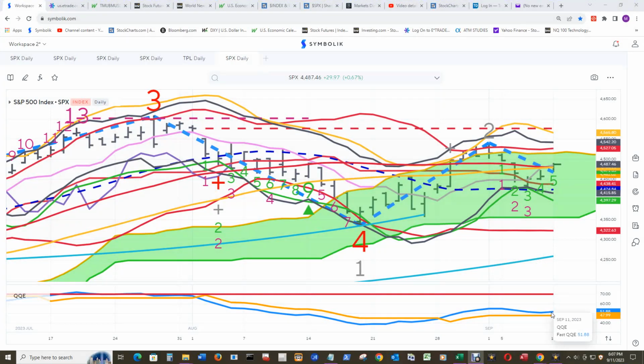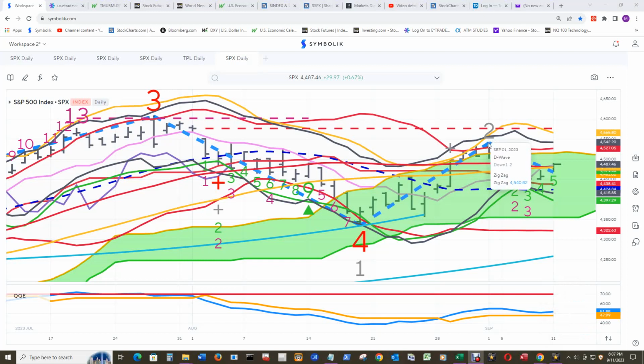And the fast QQE took a little bit of a tick upwards to get away from the slow QQE here. It's been going sideways for several days, so it's good to see that fast QQE start heading up.